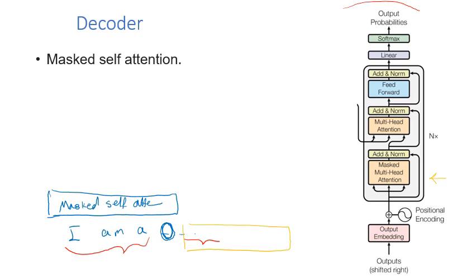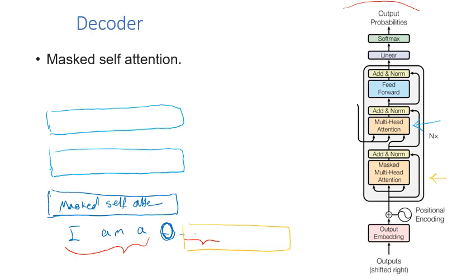Then we have another layer here, multi-head attention, which we didn't have before, and I'm going to explain what that is. And then we have feed forward, which we had before, with the exception that it attends to the left, not to the right.